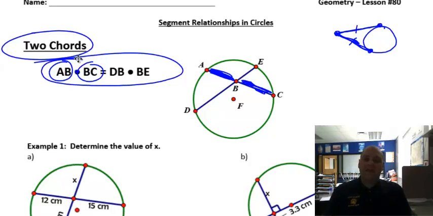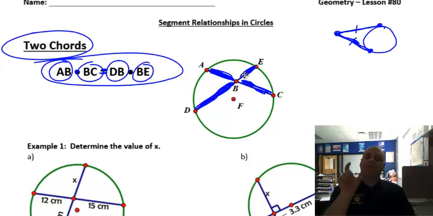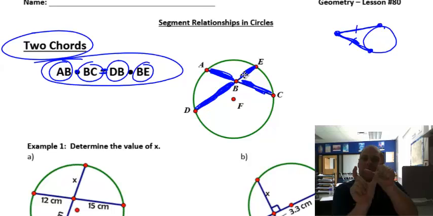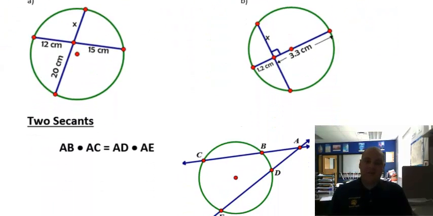And then it equals DB, which is this piece here, times BE, which is this piece right here. So you multiply the two pieces of the chords by each other and set them equal to each other. And that's the relationship within two chords intersecting. So very simple, actually. This is probably the easiest one.